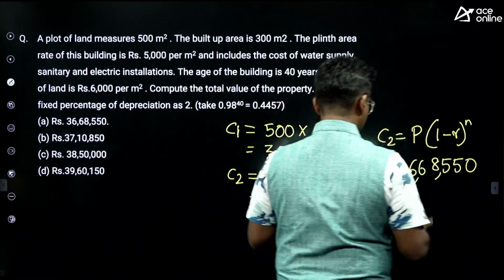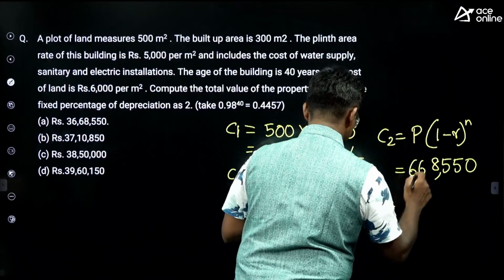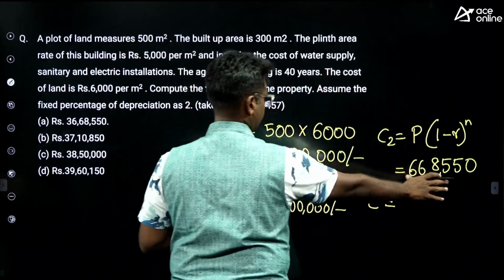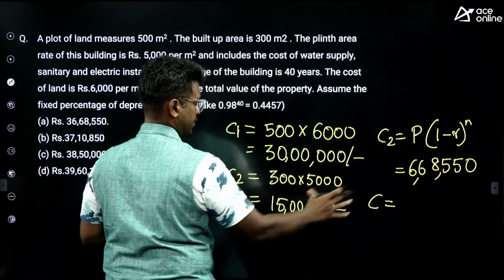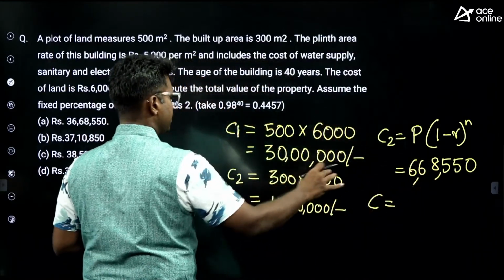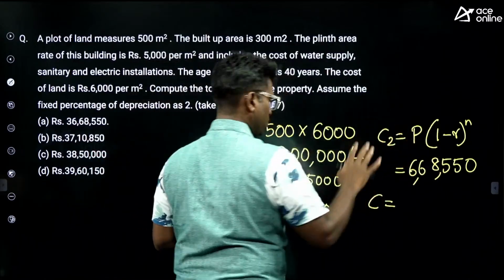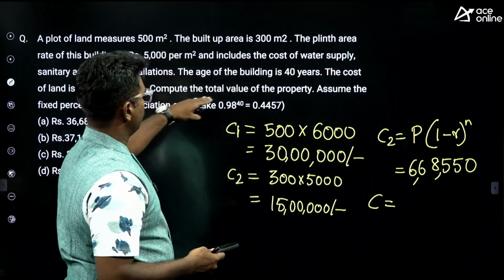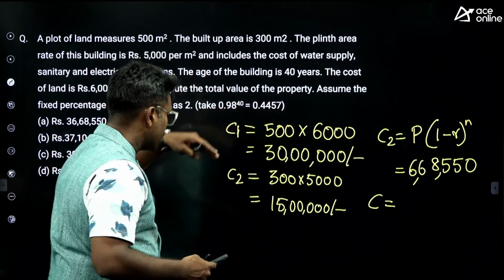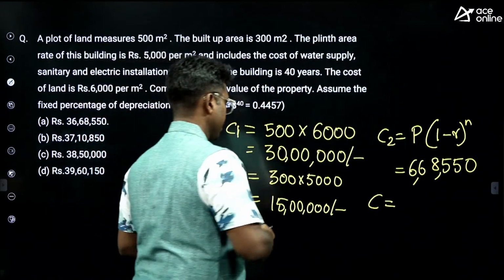If you calculate this, the total cost will be nothing but, this is after depreciation. This is actual, this is after depreciation. If you add this one plus this one, you get the total value of the property for this present area.